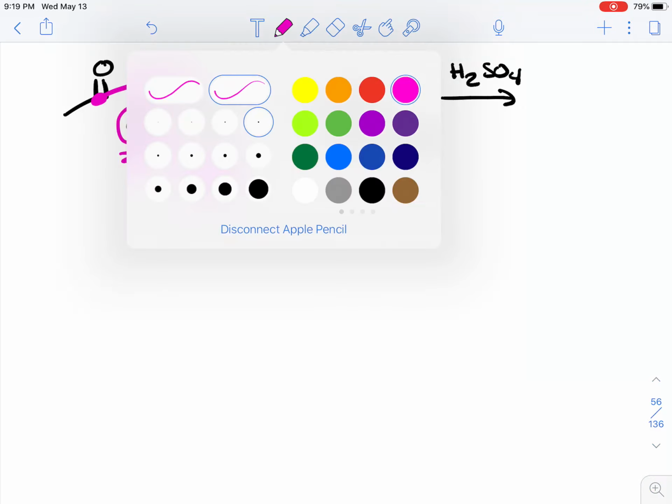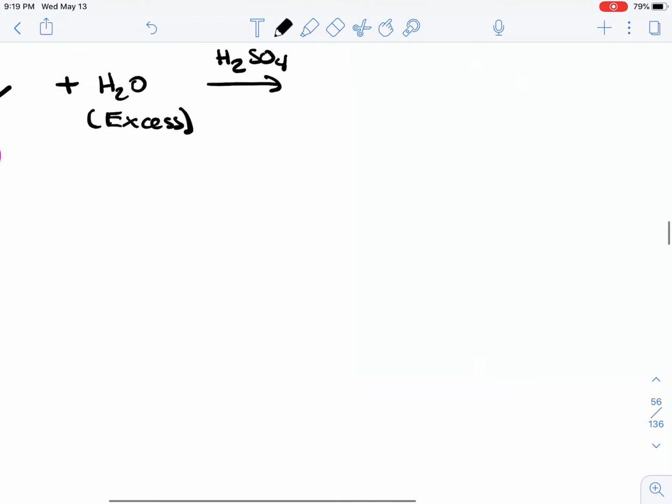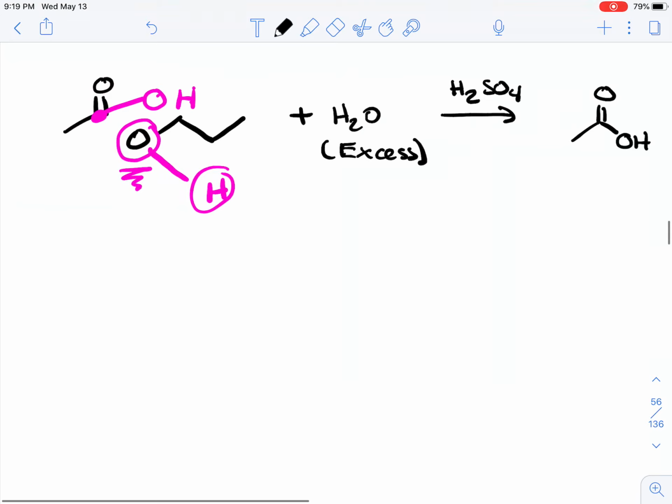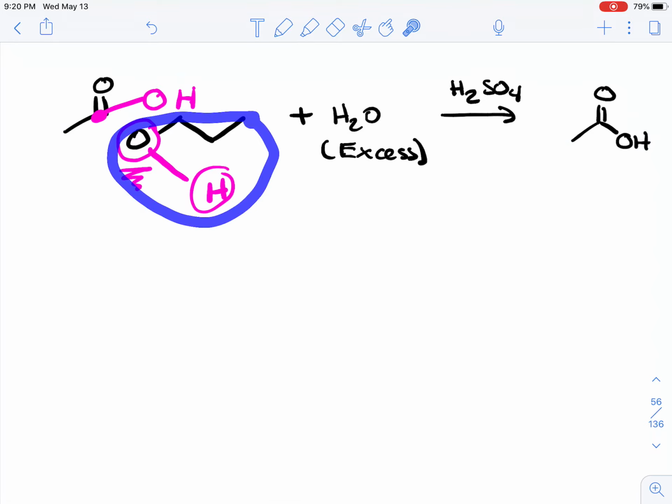And so the product of this acid hydrolysis is going to form a 2-carbon carboxylic acid, which is here, and a 3-carbon alcohol group.